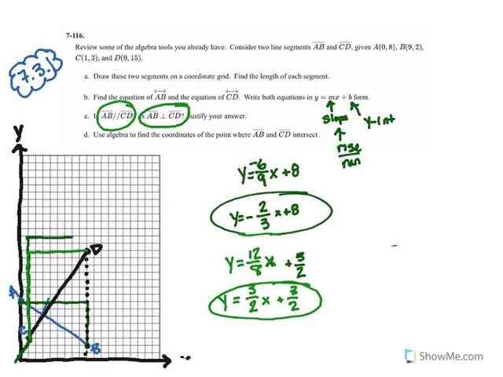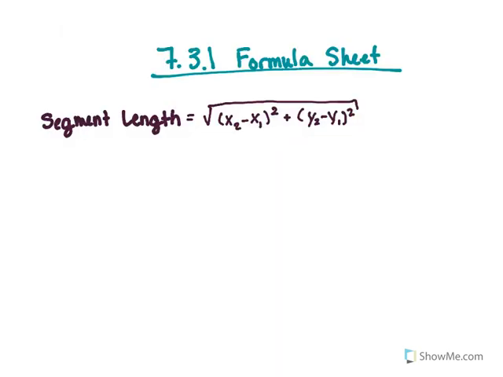And this is a review from chapter 3 or 4 during this class, and we're going to put this on our formula sheet because you're going to have to remember this for some of your quiz questions and your homework questions.